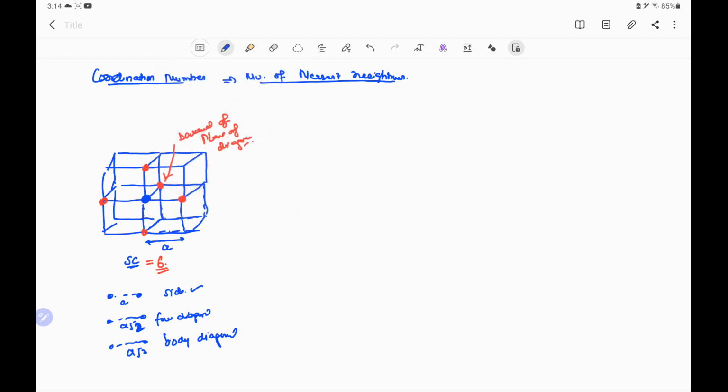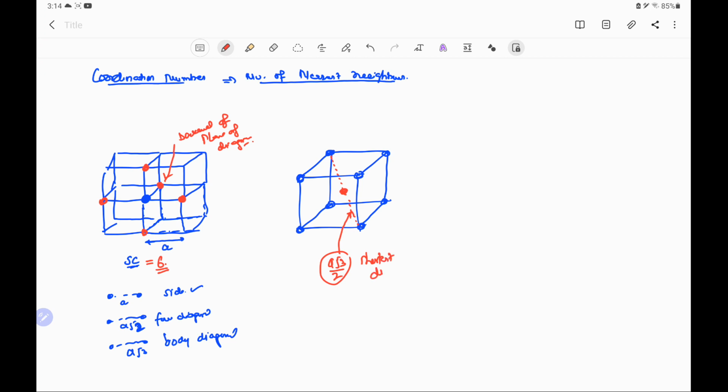Similarly, if we take the body centered, in body centered, atoms are at the corners of the unit cell, as well as one atom at the body center. Body center means the atom is at the center of the body diagonal, and this distance of the body center from any of the vertices is A root 3 by 2, and this is the shortest distance between any two atoms.